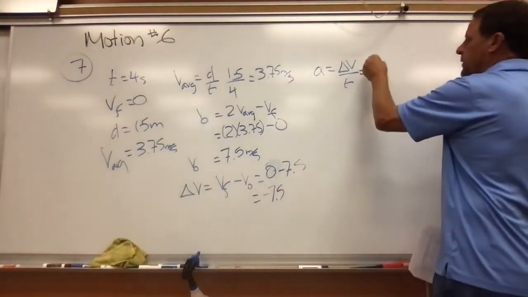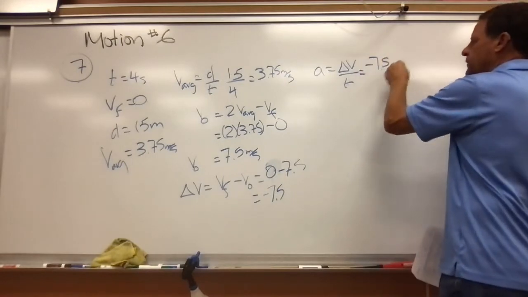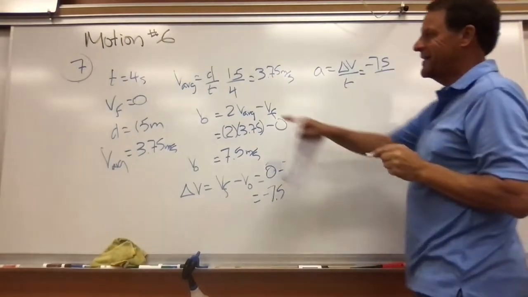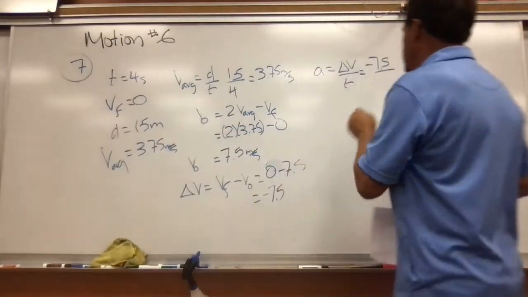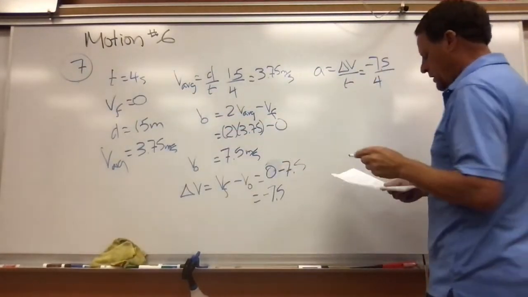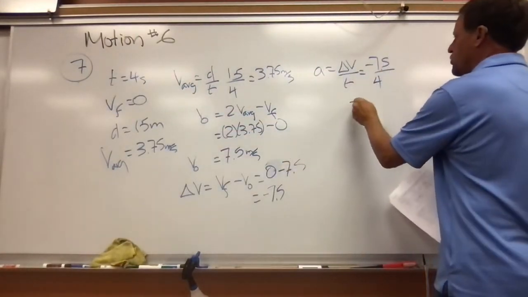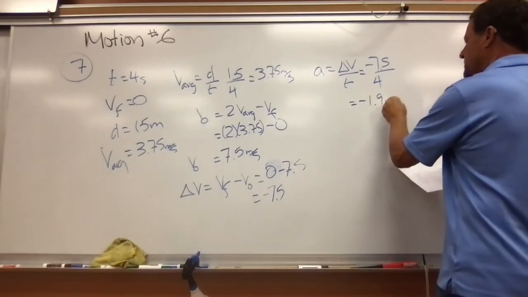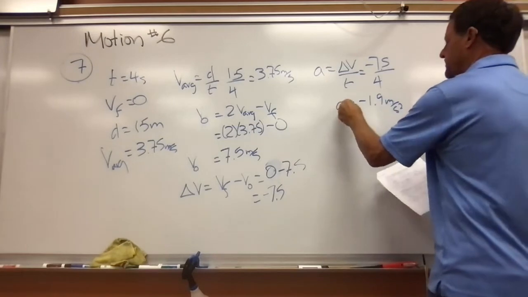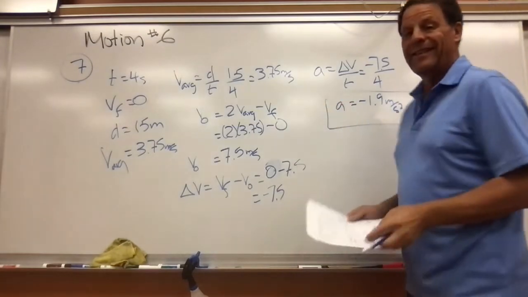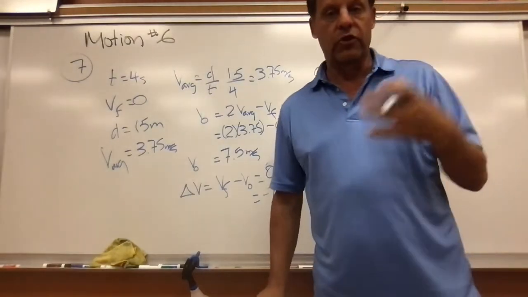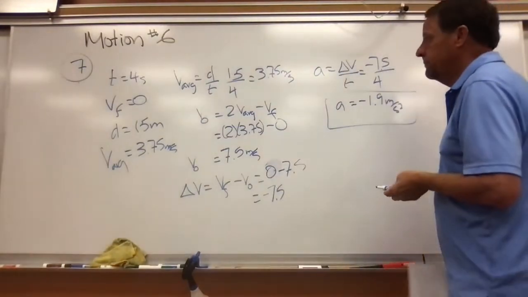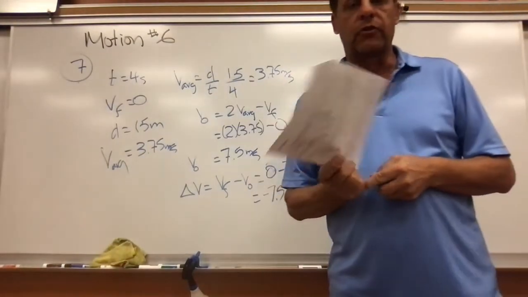We're going to bring that up there, negative 7.5 divided by our time, which is 4 seconds. And when we calculate that, we're going to get negative 1.9 meters per second squared. Now, it is negative 0.875. We're just rounding to negative 1.9. All right, that is problem number 7.